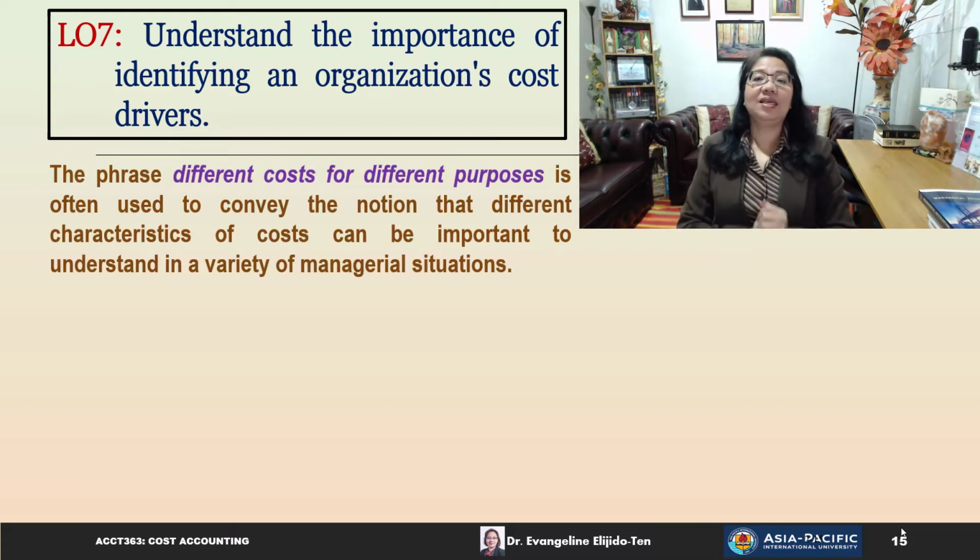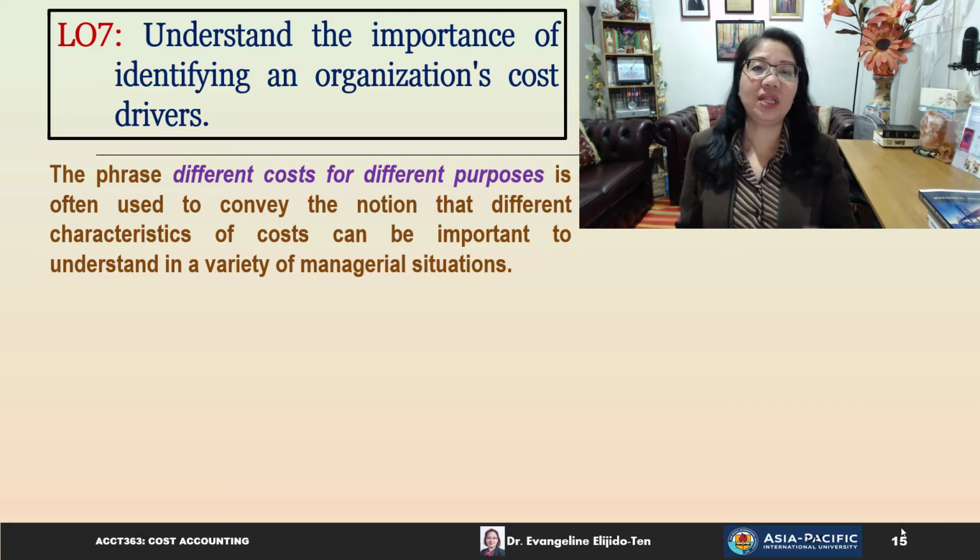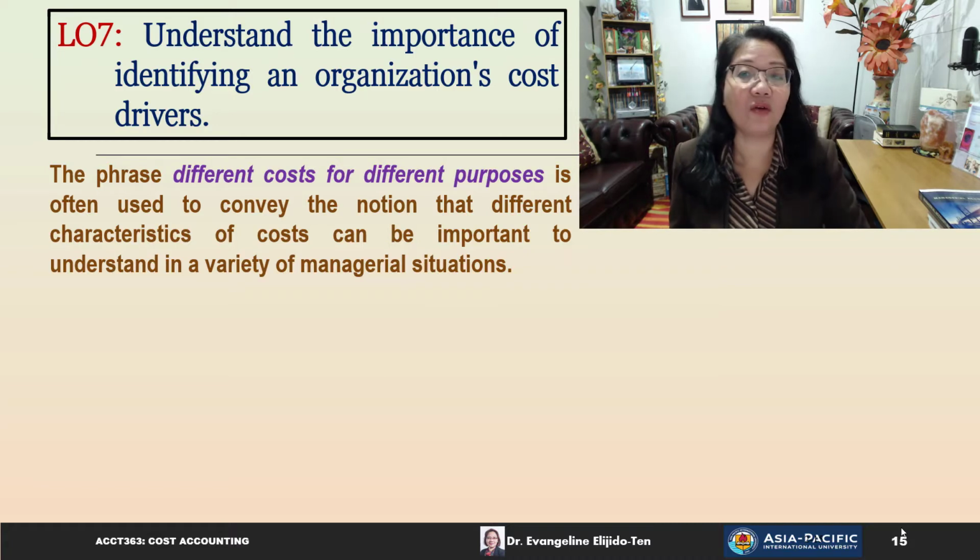The phrase "different cost for different purposes" is often used to convey the notion that different characteristics of costs can be important in order for us to understand a variety of managerial situations.